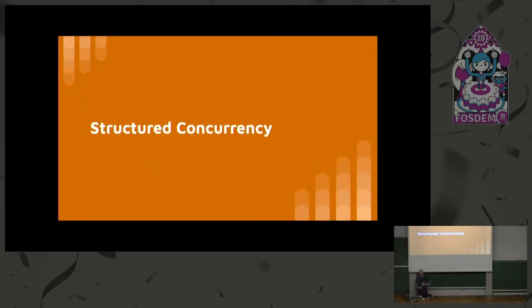The coroutine concept is not new. Other languages have it as well, like goroutines in Go, and Erlang has it, etc. It's a great way to run stuff in parallel or asynchronously.